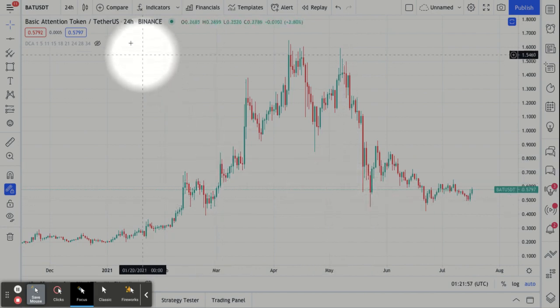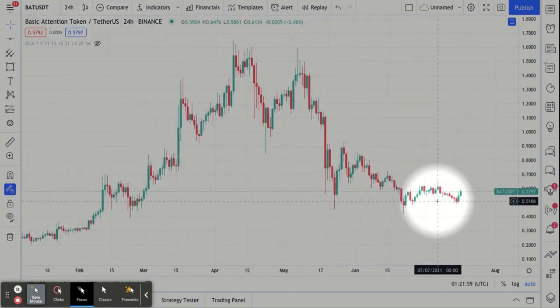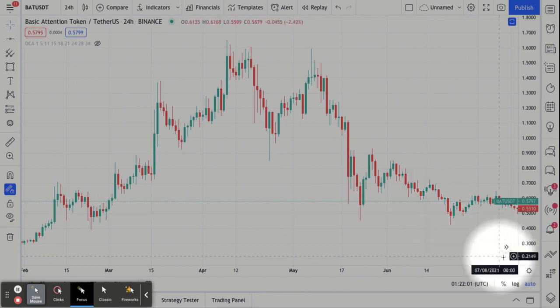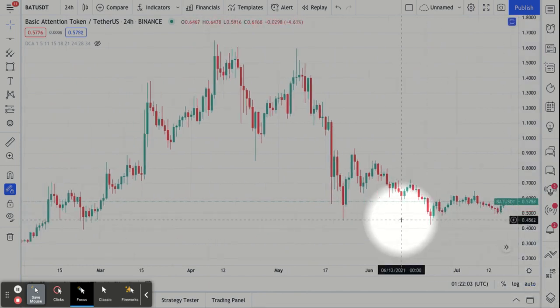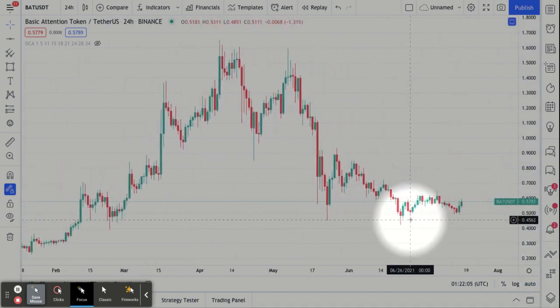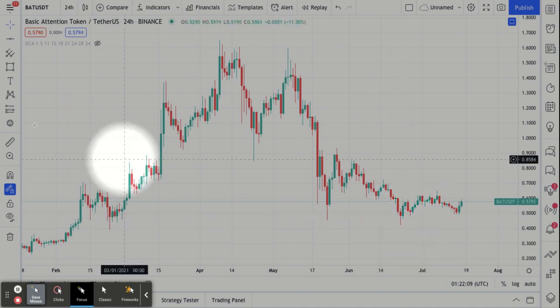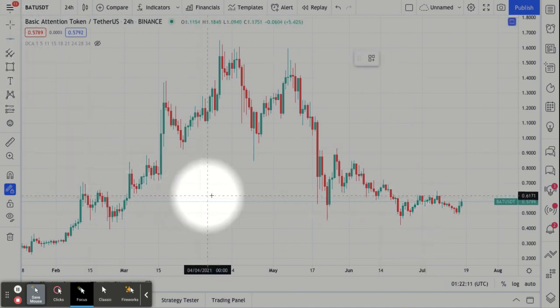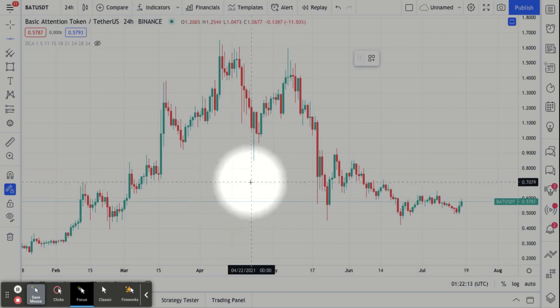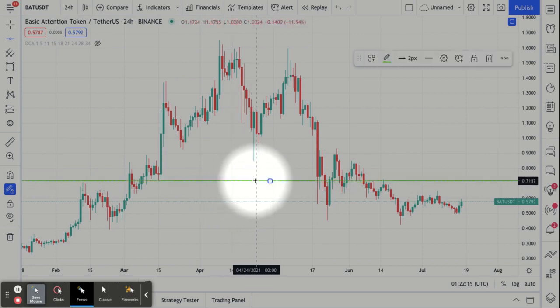This is on a daily chart, and I'm going to zoom in a little bit and get things going pretty quickly so you can see what one of my next indicators is.